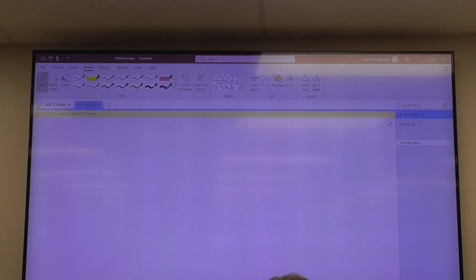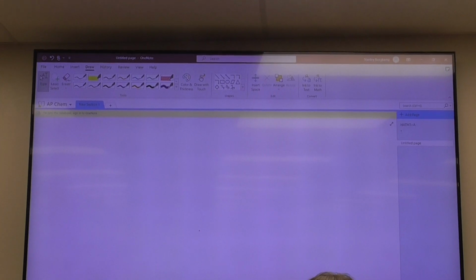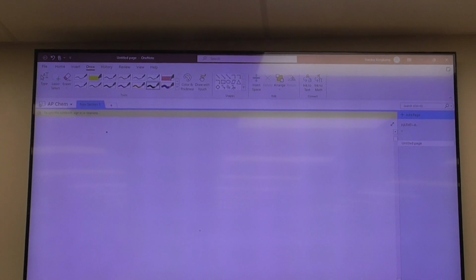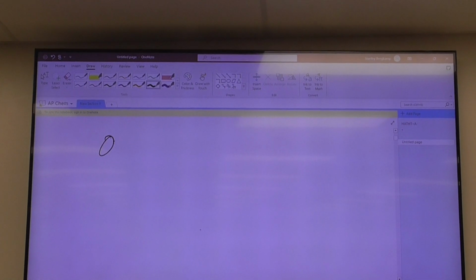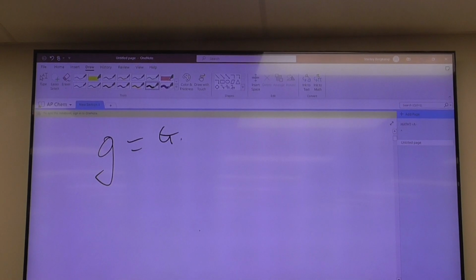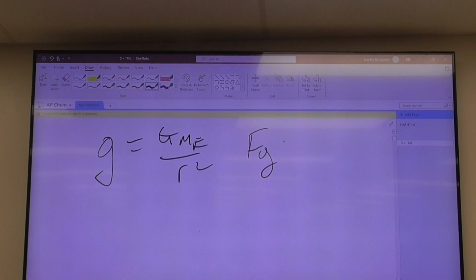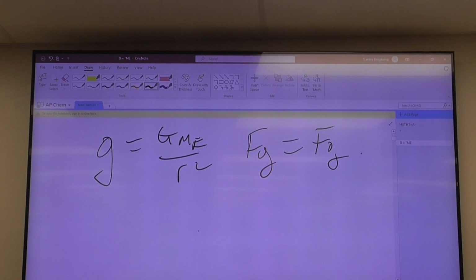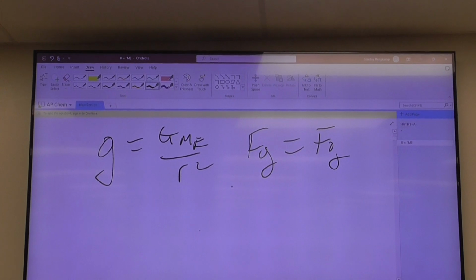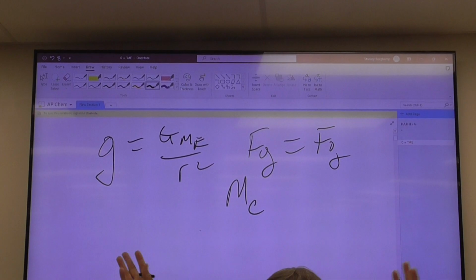All right, so here's the basic idea that you have to get. Look at the idea that little g equals big G mass of the Earth over r squared, and that came from the idea that there are two ways you can calculate Fg. Let's say this is the mass of the Connor of your choice. Pick one.